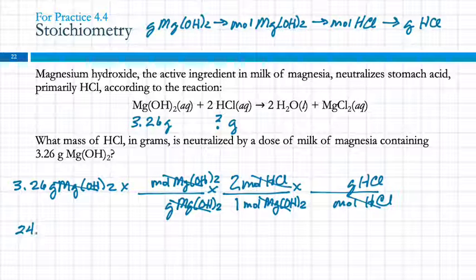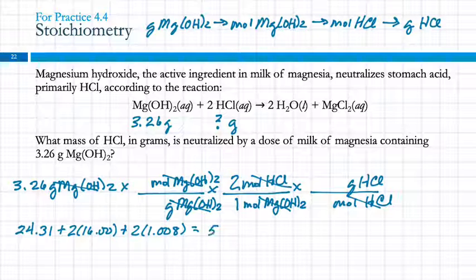And then the OH in parentheses means I've got 2 of those units. So I've got 2 oxygens and 2 hydrogens. And 24.31 plus 2 times 16 plus 2 times 1.008. 58.326.